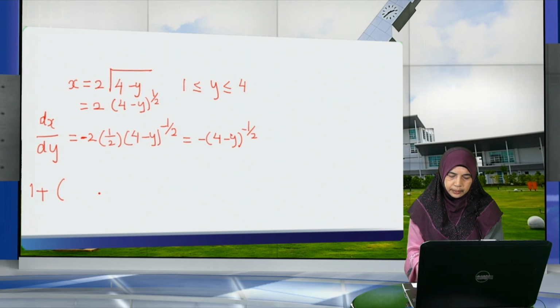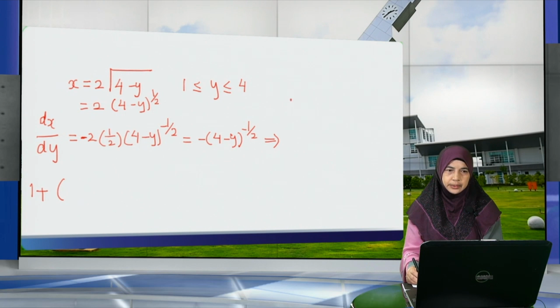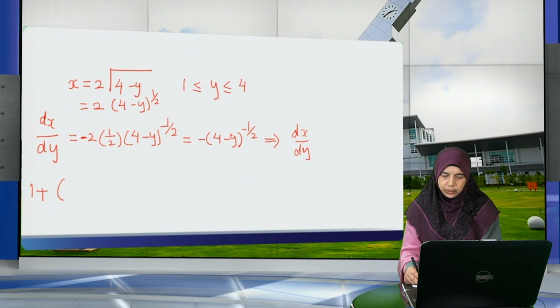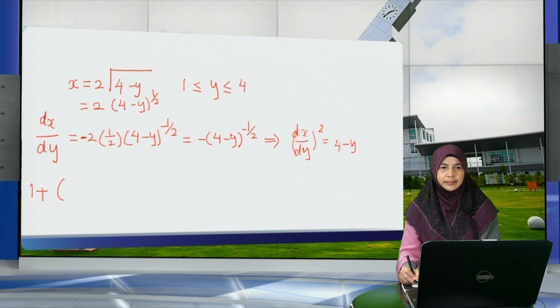So we will square this first. dx/dy, we square this, and we will get (4 minus y) to the power of minus 1.